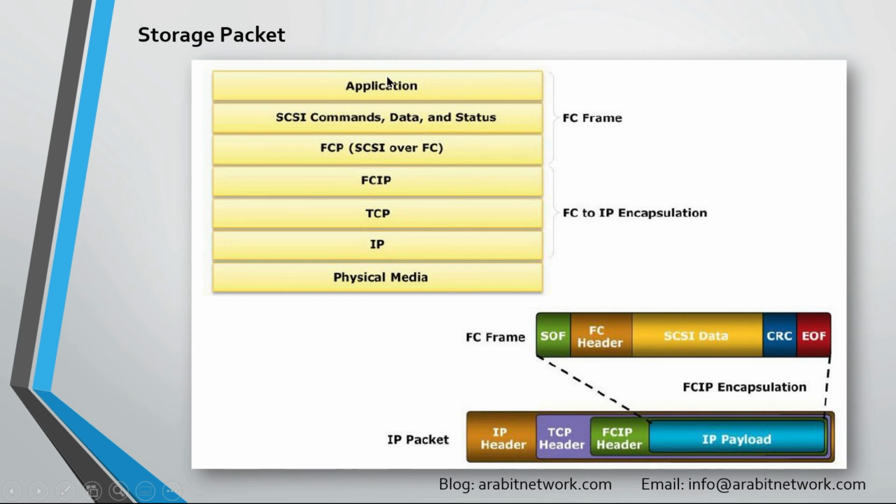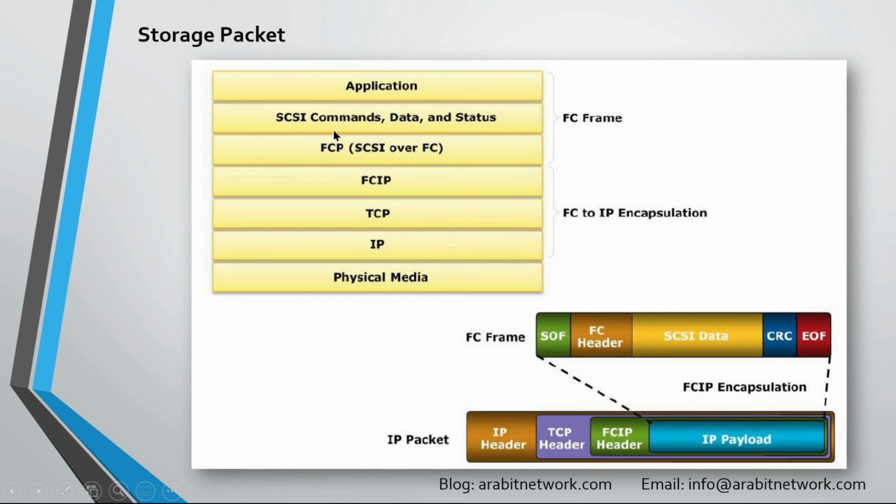The application sends or receives SCSI commands, which are the storage protocols to read and write data. And this SCSI command is encapsulated in a Fiber Channel protocol. So it's SCSI over Fiber Channel to form the FCP, the Fiber Channel Protocol packets.